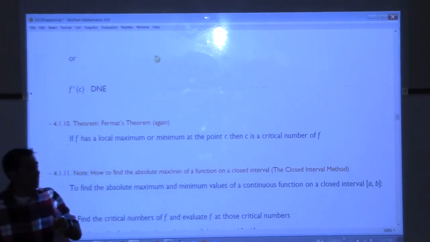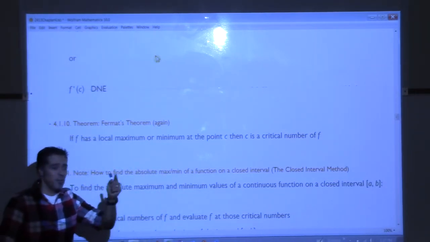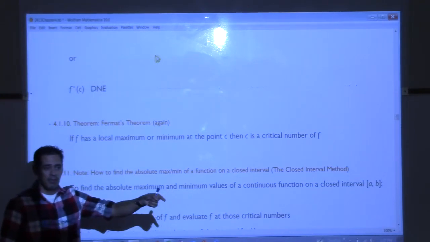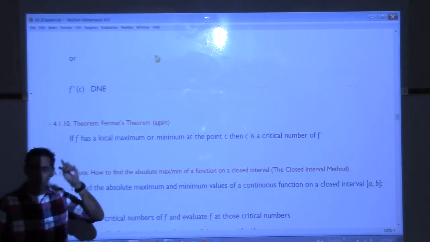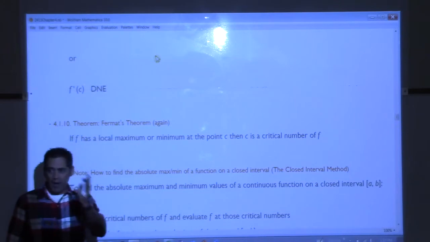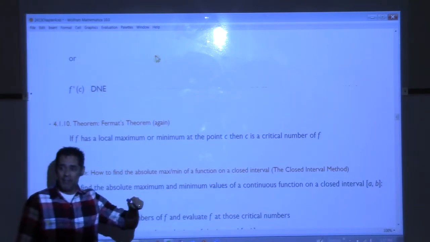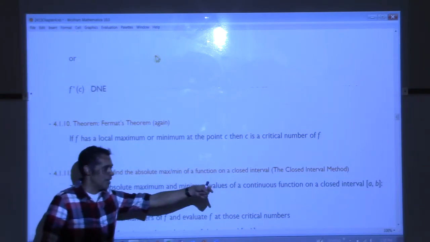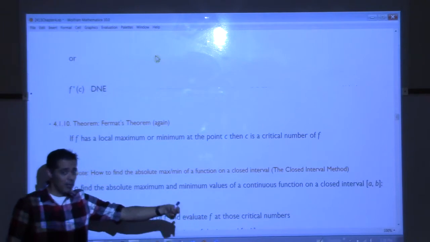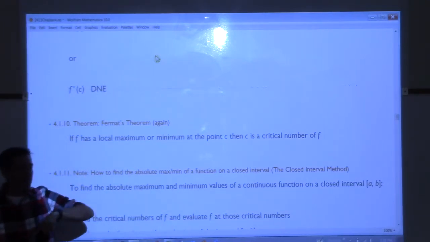Is this saying that wherever you find a critical number, you will find a max or min? No. It is saying that if you have a max or min, you have to be at a critical number. It is possible to be at a critical number and not be at a max or min.